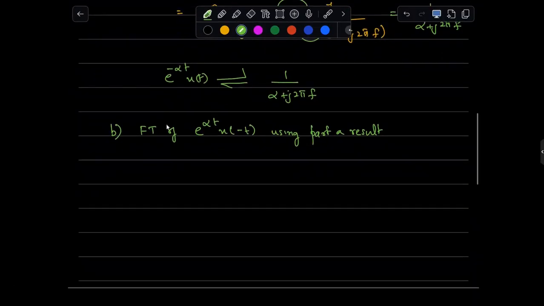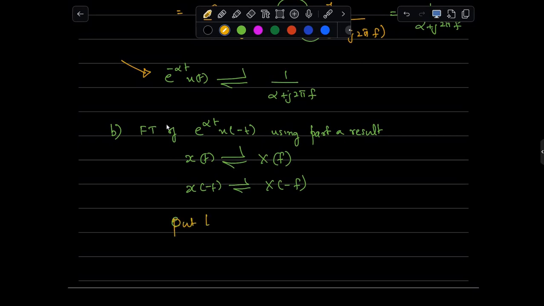Now how to do it? We know there is a rule: if x of t has a Fourier transform X of f, then x of minus t has the Fourier transform X of minus f. As per the result in part A, you can replace t with minus t.